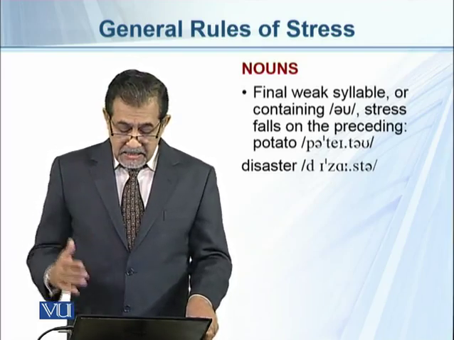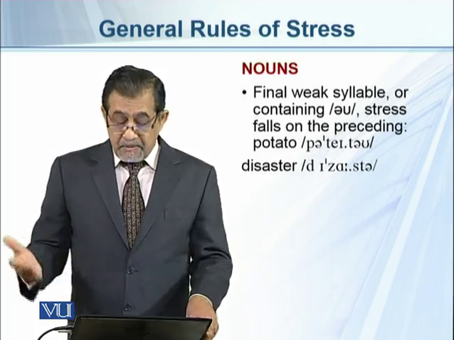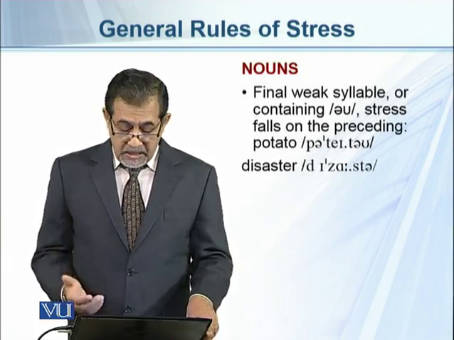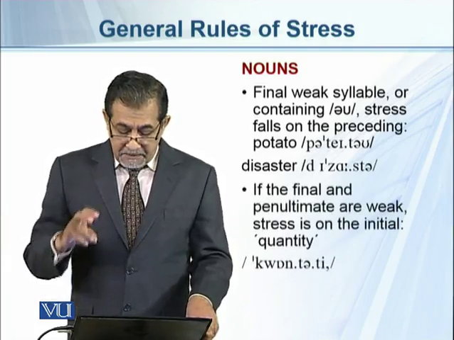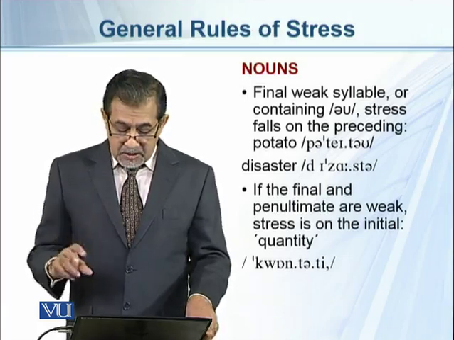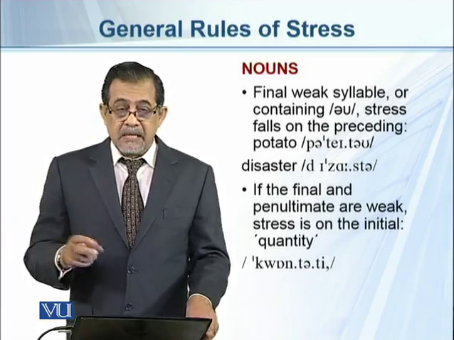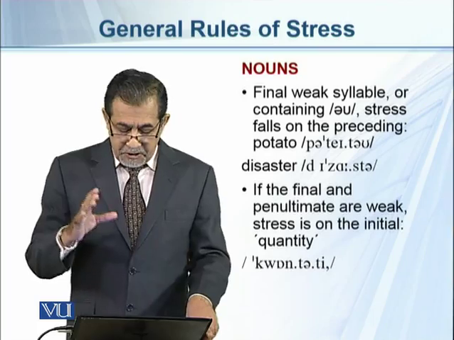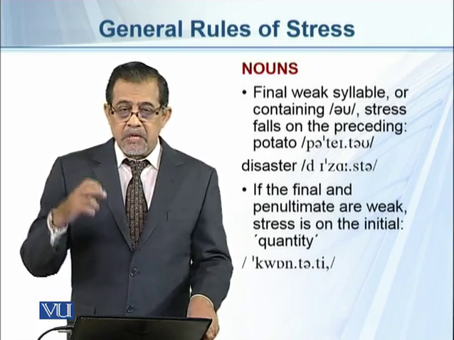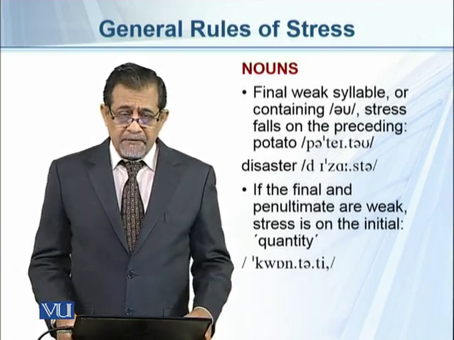And similarly, disaster, the second syllable is stronger because the third syllable is weaker and the first syllable is also weaker. If the final and penultimate are weak, stress is on the initial. For example, quantity. The last two are weaker syllables, so stress goes to the first syllable and the word is pronounced quantity, right? So these are some of the rules of stress.